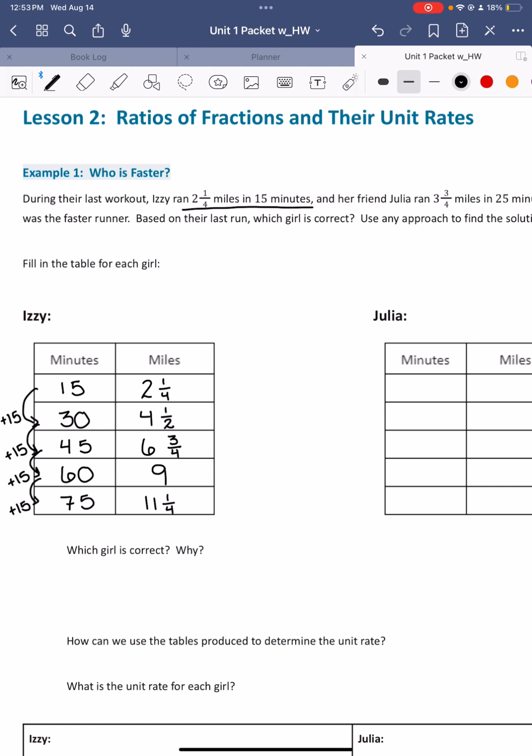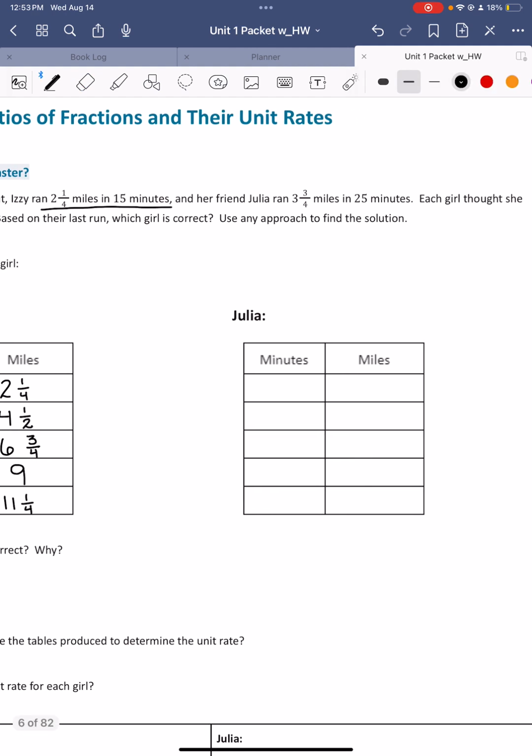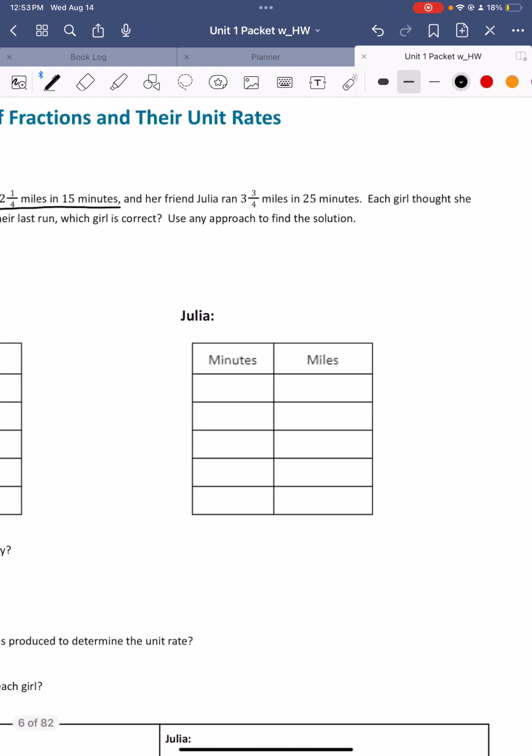That's for Izzy, so I'm going to do the same exact thing for Julia. If I go over to look at what they told me for Julia, it said she ran 3.75 miles in 25 minutes. So I'm going to fill in that first row of my table the same way. So 25 minutes. In those 25 minutes, she ran 3.75 of a mile.